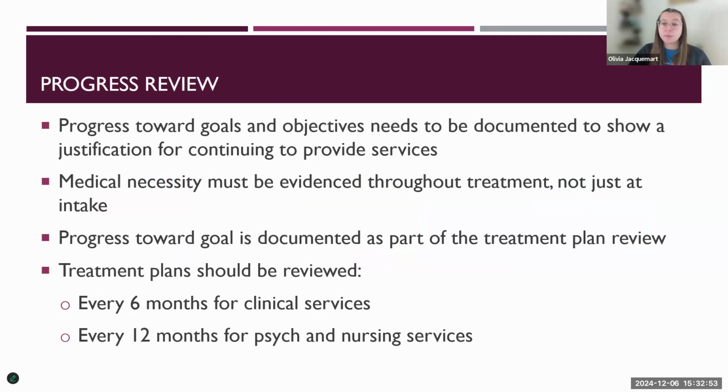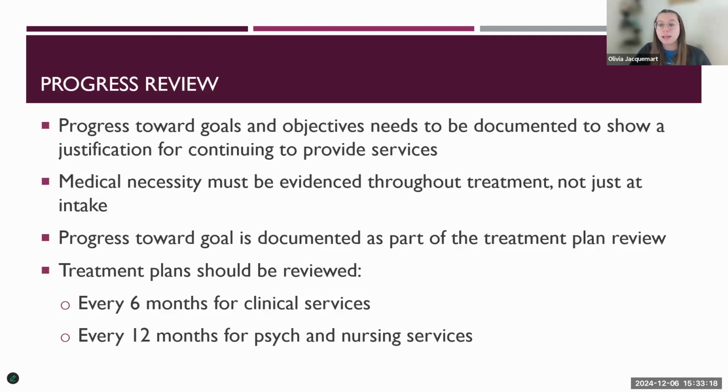Then how often should treatment plans be reviewed? In other words, how often are we looking at the progress our client has been making towards their goal, and what should we be looking for? Progress towards goals and objectives needs to be documented to show a justification for continuing to provide services. Medical necessity must be evidenced throughout treatment, not just at intake.